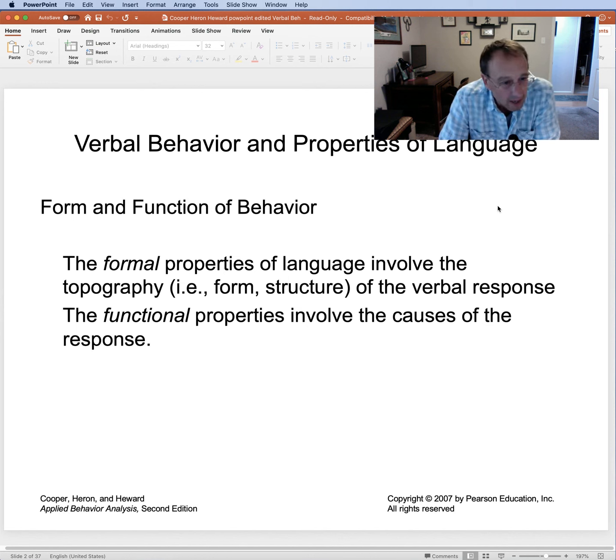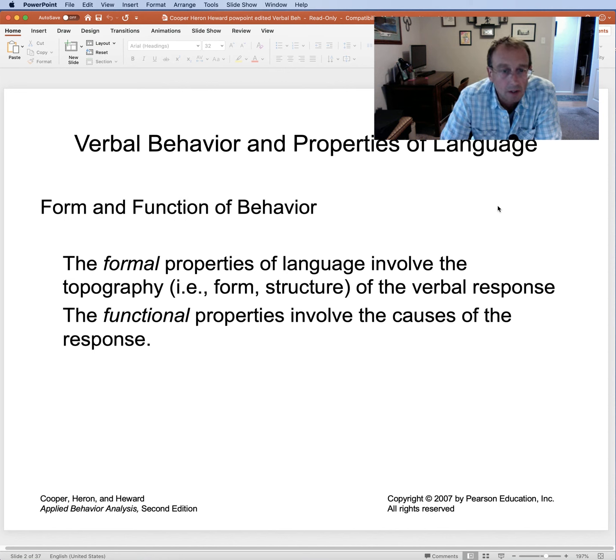But behavior analysts oftentimes, and it's not that we don't think that topography and form is important, it absolutely is, especially when you're talking about individuals' strengths and weaknesses and abilities to be able to engage in vocal speech. So structurally, that stuff is very important, but behavior analysts typically focus on function of verbal behavior.